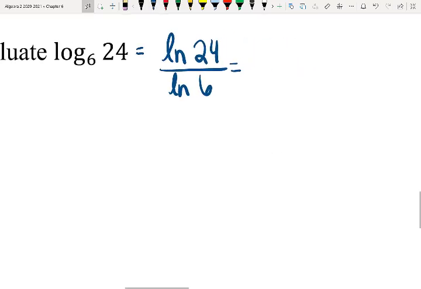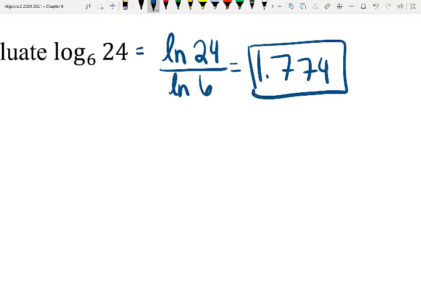We evaluate each of those on our calculator. We should end up with 1.774 for that final evaluation, which again makes sense because 6 to the second power is 36, 6 to the first power is 6, so somewhere between 1 and 2, 1.774 seems like a pretty realistic number.